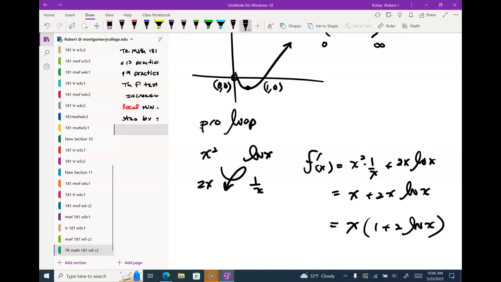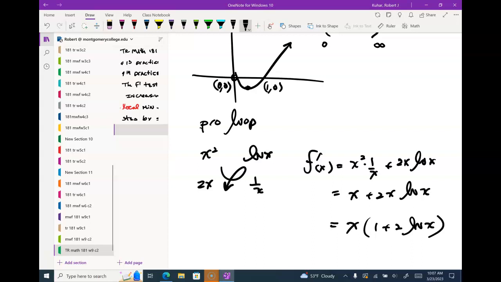If you've got the derivative, find the criticals. Roger, you get the derivative?